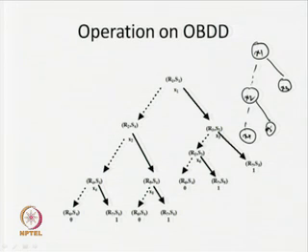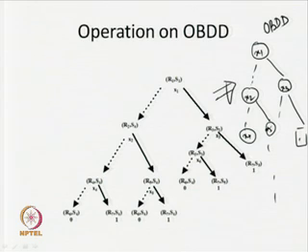Like that I am getting the dashed line and the solid line. This solid line will come to 1. Like that I can construct the BDD, and this is basically an OBDD. I am getting this OBDD from this particular structure.